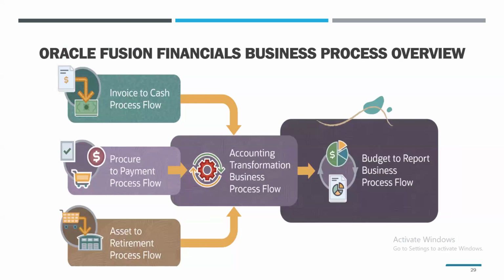One is P2P, another is O2C, and another is the asset acquisition to asset retirement process. Invoice to cash, that is O2C, is the AR module, the accounts receivable module. P2P is procure to payment, the AP module. Asset acquisition to asset retirement is the fixed assets, FA module.